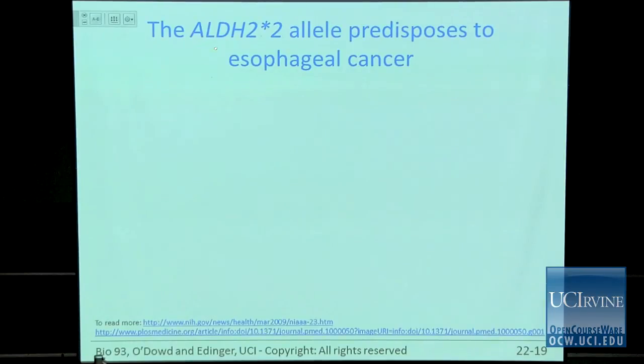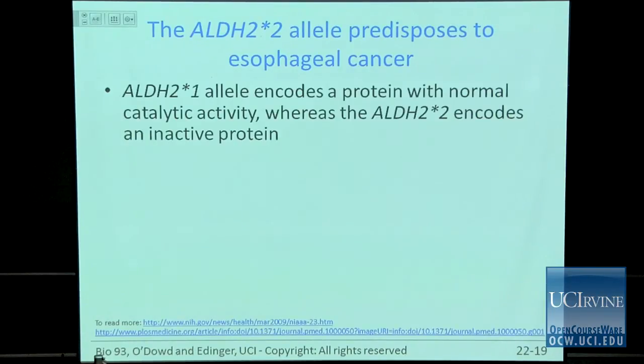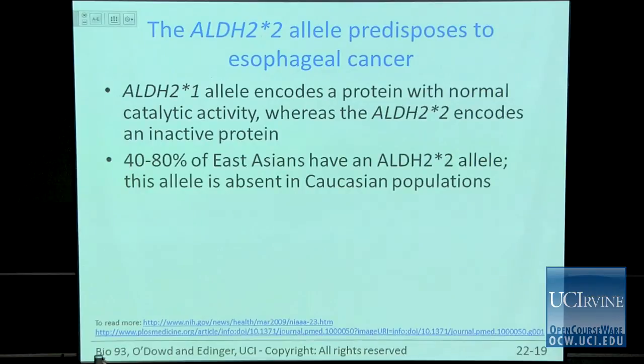Well, the ALDH2*2 allele predisposes you to esophageal cancer. The ALDH2*1 allele is a functional protein. The ALDH2*2 allele is an inactive protein. And 40 to 80% of East Asians have at least one of these *2 alleles.